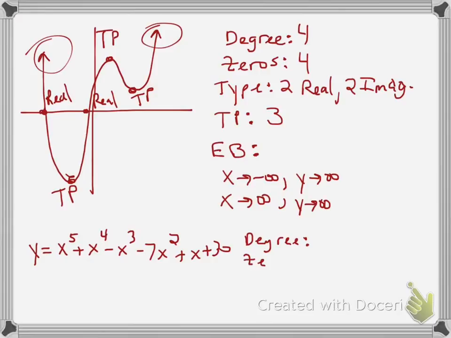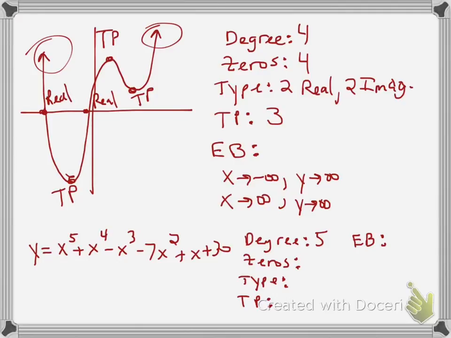I can identify degree. I can identify zeros. We're going to see if we can work with the type, turning points, and then of course our end behavior. If you need to pause, take a pause. Degree should be easy. I see the largest exponent. I can't identify the turning points right now off of the picture.